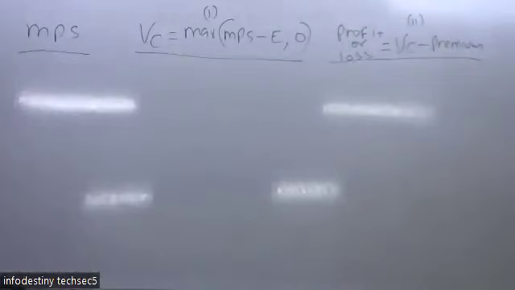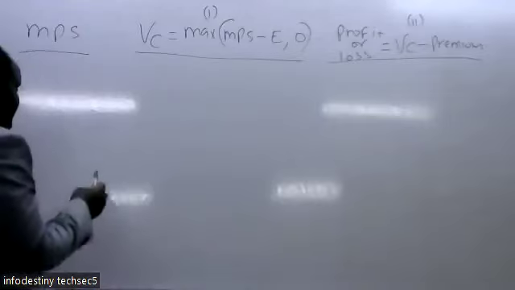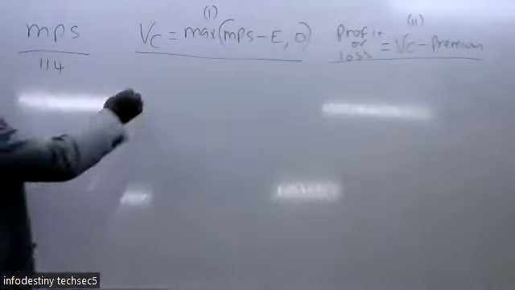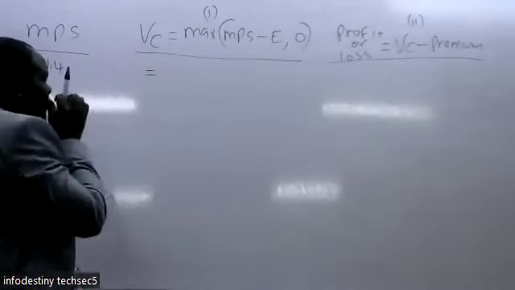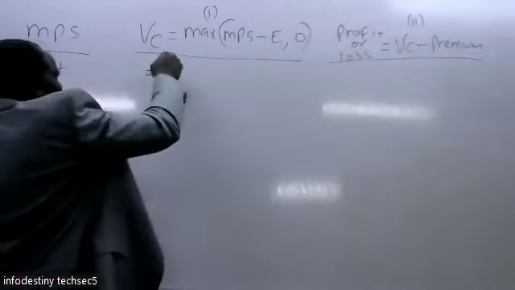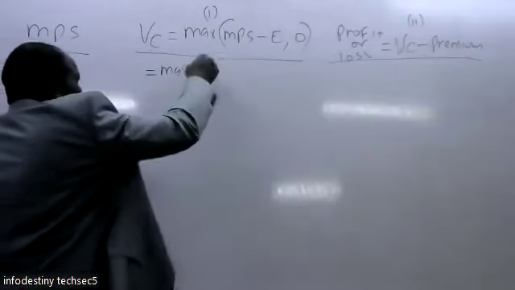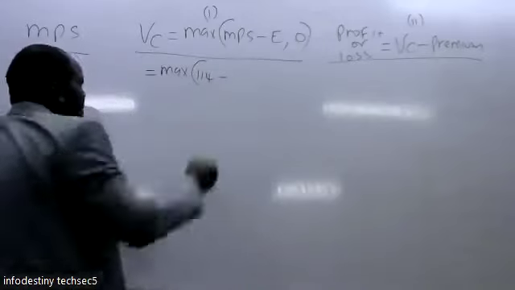So we start off with the first price. The first price there, they have given us 114. So value of the call option for that case is maximum in brackets. So the price is 114.